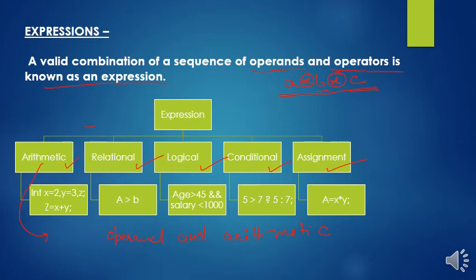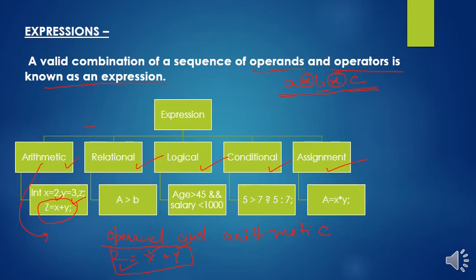For example, here the value of x equal to 2, y equal to 3. So z is equal to x plus y. So z equals x plus y is an arithmetic expression because the values of x and y are both integers and z is also an integer. So the expression z equal to x plus y is known as an arithmetic expression.